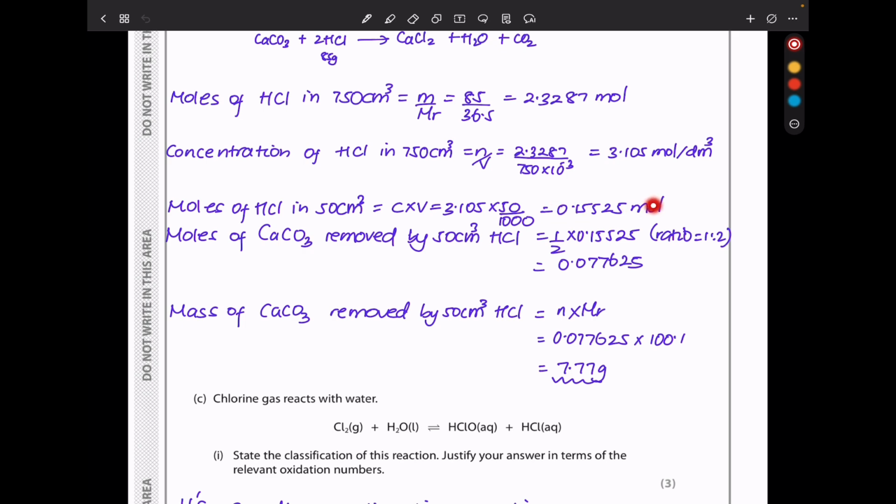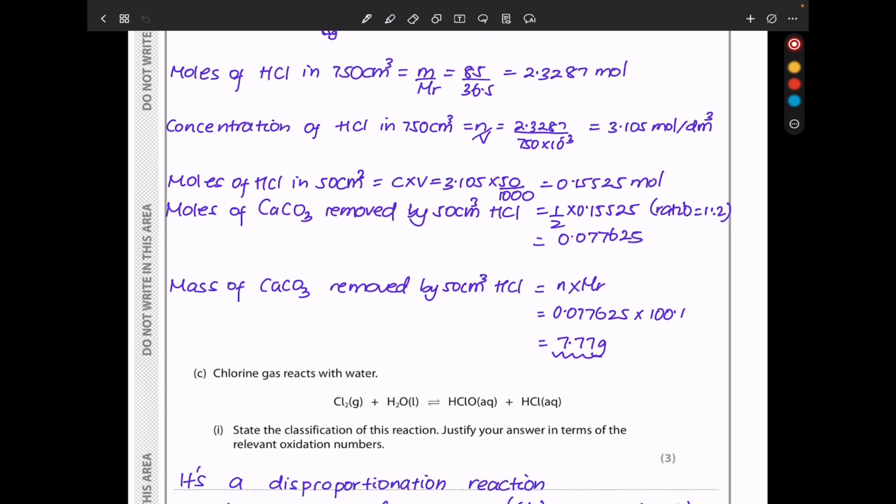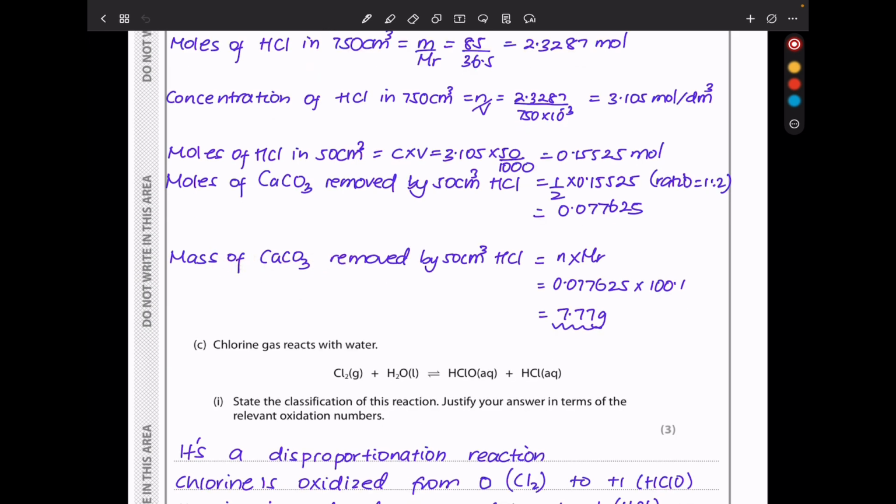I got those moles. So moles of calcium carbonate removed by the 50 centimeters cubed of HCl will be 1/2 times the moles of HCl, since the ratio is 1:2, giving me that. The mass of calcium carbonate removed by 50 centimeters cubed of HCl would be number of moles times MR, which is this moles times the MR of calcium carbonate, giving me 7.77 grams as my answer.